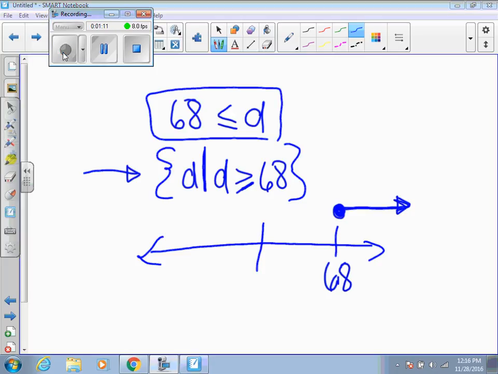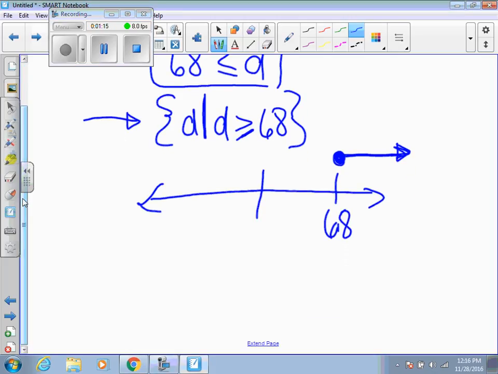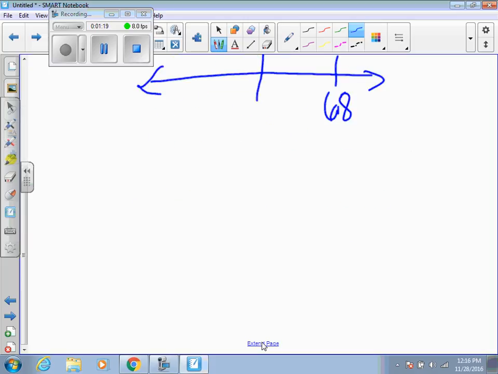In addition to knowing how to represent your solutions to these kinds of problems, there are some properties of multiplication and division that need to be applied when you are solving these kinds of equations. So for example, if we have a problem like negative 3/4 J is greater than or equal to 12.